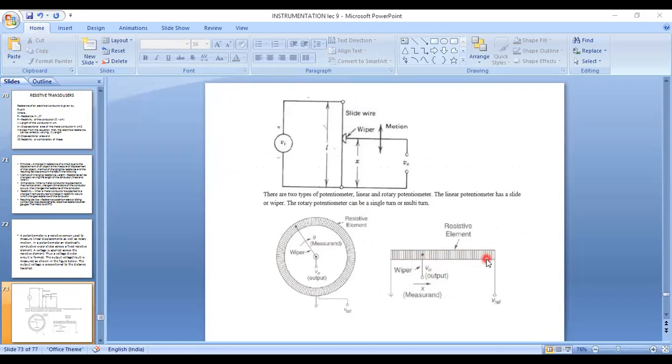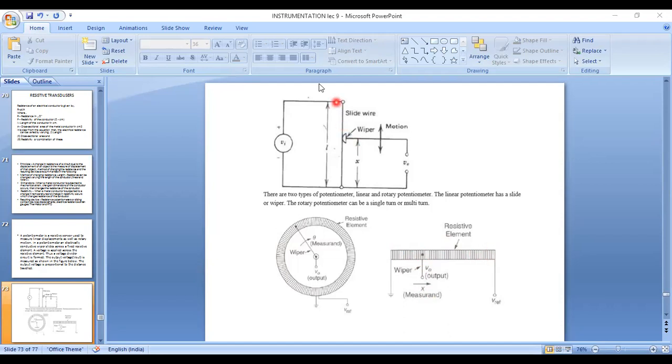On the mandrel, you can see that some resistive metallic wire is wound. And I have a wiper also placed on the mandrel. The position of the wiper gives me the resistance of the potentiometer.